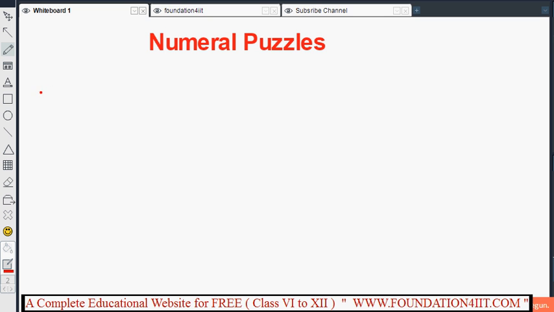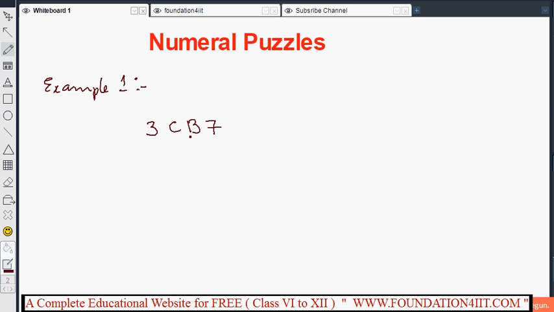So example 1. Replace some letters A, B, C, D by suitable numerals in the following sum. Now observe the question. 3, C, B, 7. So this is a 4-digit number.